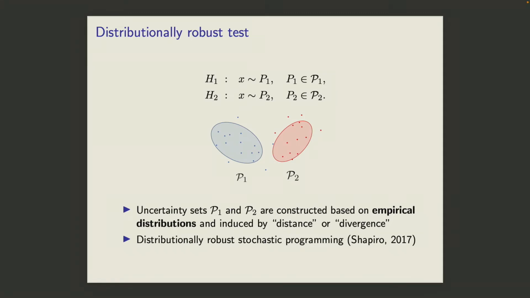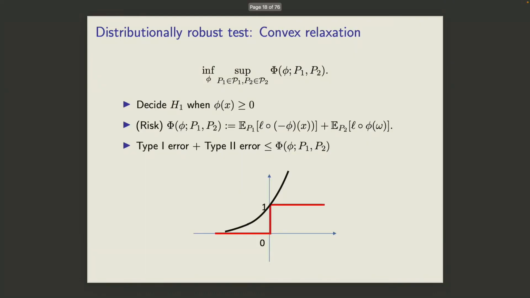As Alex Shapiro, one of our colleagues, suggests, you can have different metrics to induce this uncertainty around the empirical distributions, and we consider Wasserstein and also Sinkhorn later on. Now we're going to use the lesson learned from Hekimoglu and co-authors and say, let's first deal with non-convexity by finding some convex upper bound.